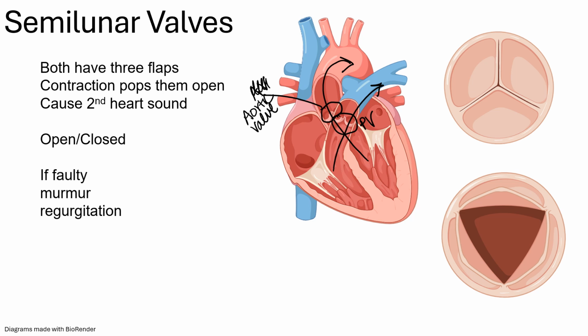And so we call this ventricular regurgitation. And this leads to a murmur between the second and first heart sounds when the semilunar valves should be closed. But again, other things can cause a murmur just like that, such as a hole between the atria.